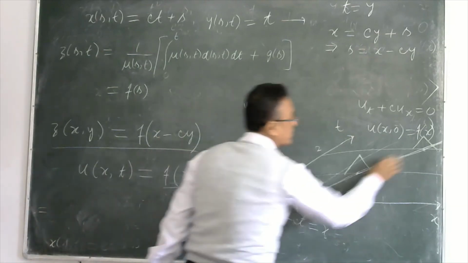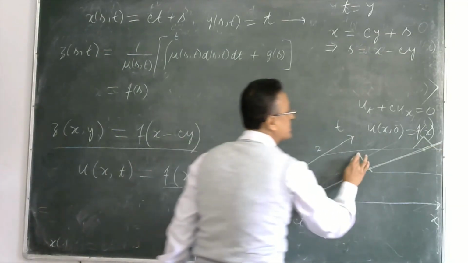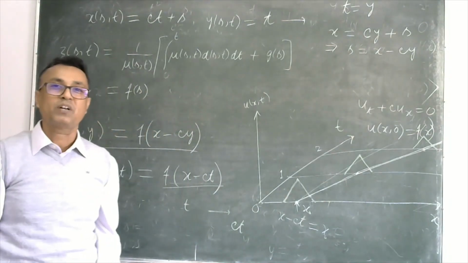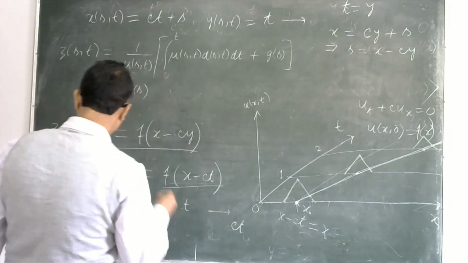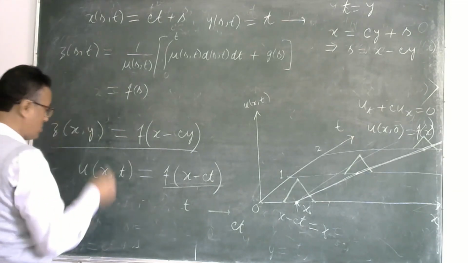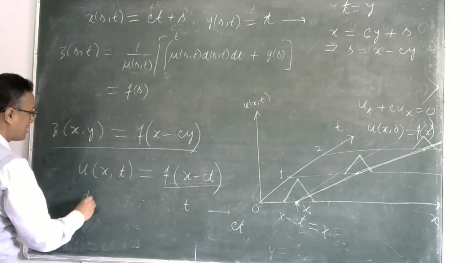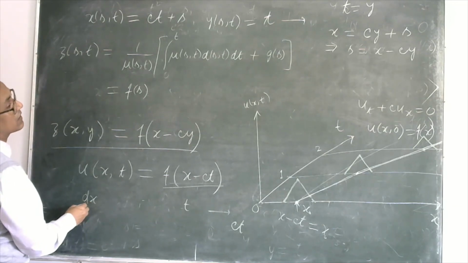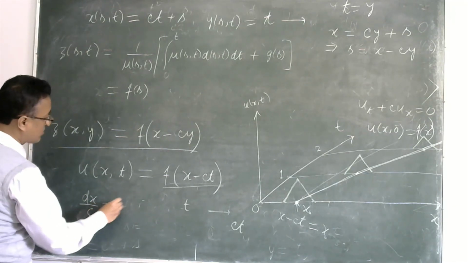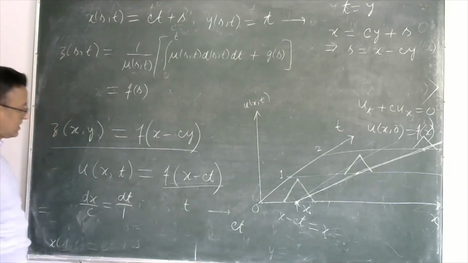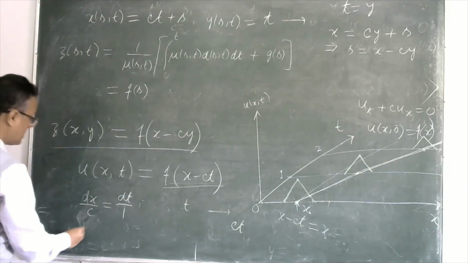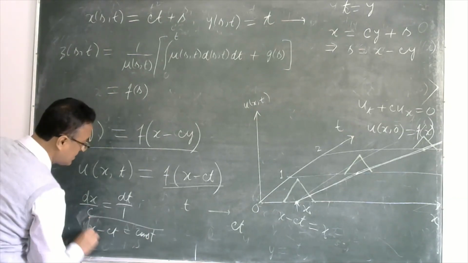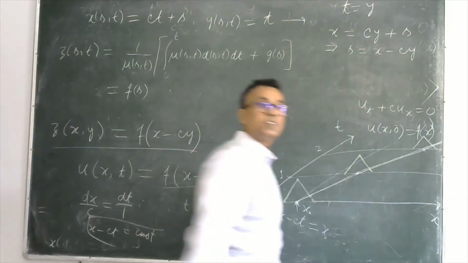So the discontinuities are propagating along the characteristics, because for this characteristic equation I can simply solve dx by c equal to dt by 1, isn't it? From here you simply get x minus ct equal to constant. So these are nothing but the characteristic lines.